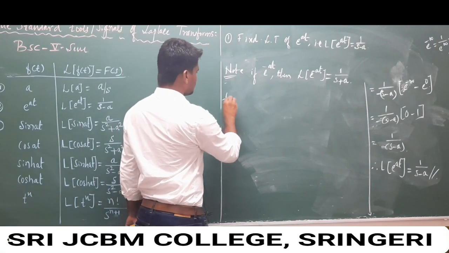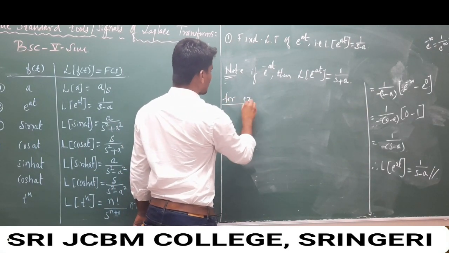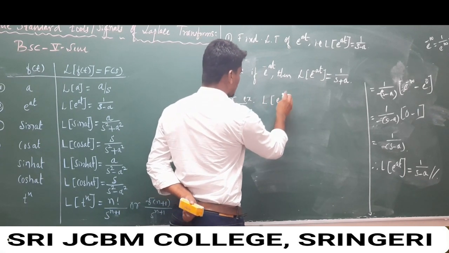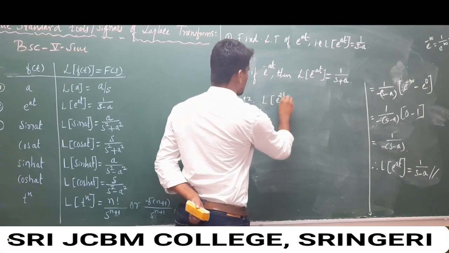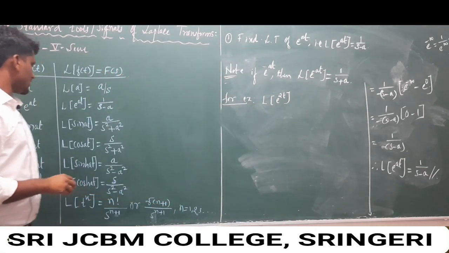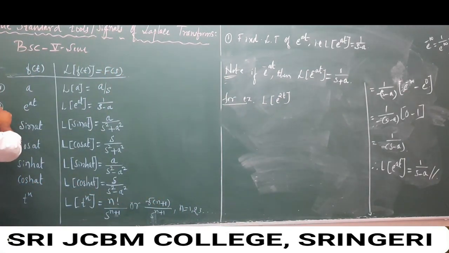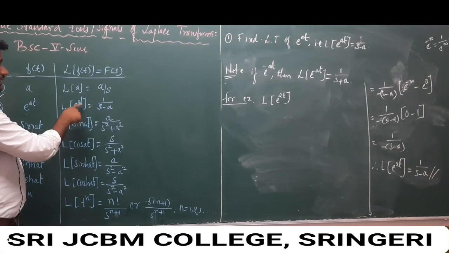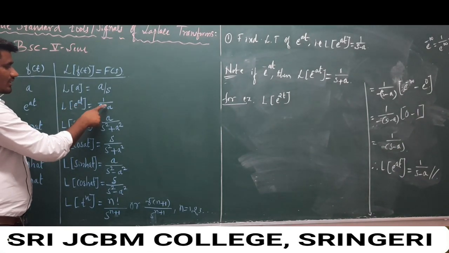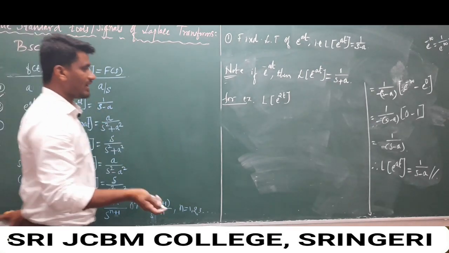For example, how does it work? Find the Laplace transform of e to the power 2t. Then we apply the second condition, the signal e to the power at, which looks like e to the power at, and instead of a here 2 is given, and we can write 1 over s minus 2.